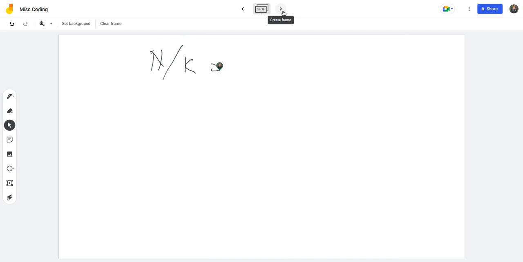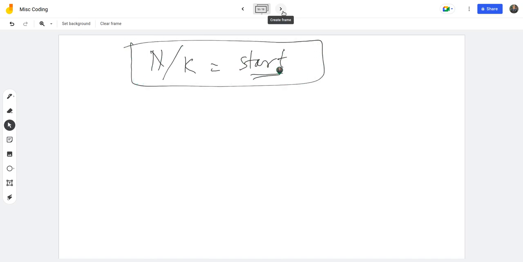We'll call this n by k the start value, and after figuring out the start value, we need to find the first k multiples of start, right?